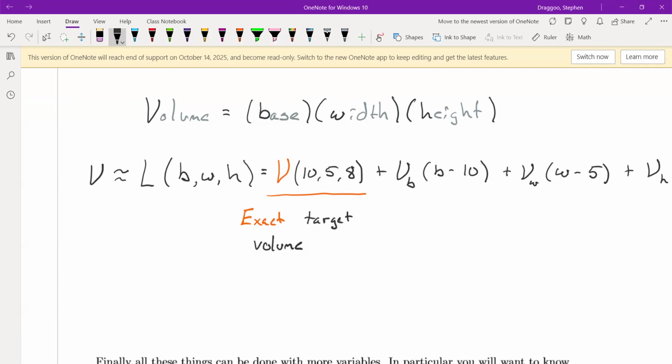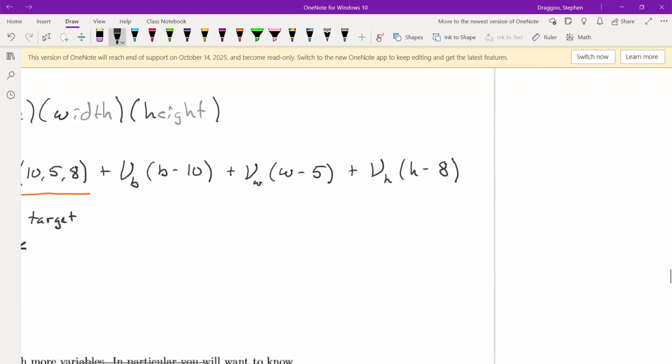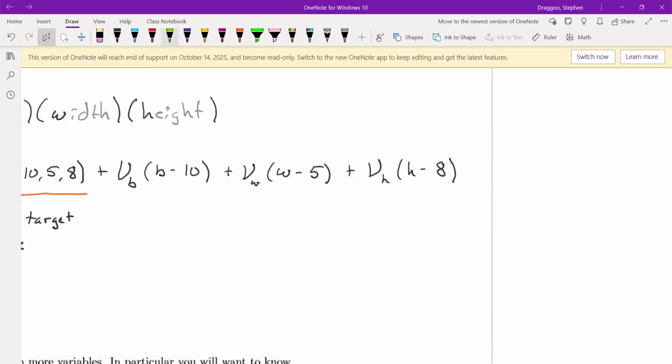But if I'm trying to find the error, that's the term I don't care about, right? That's what I'm expecting to get. I want to know how much I'm going to miss by, basically. Which means that all of these other pieces are going to make up my error terms.